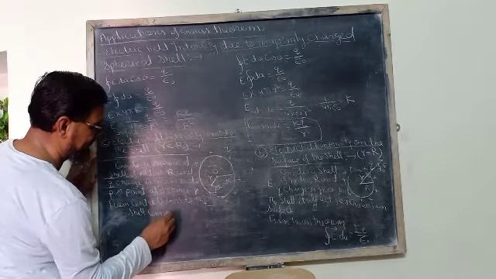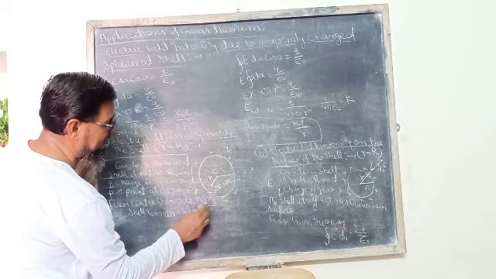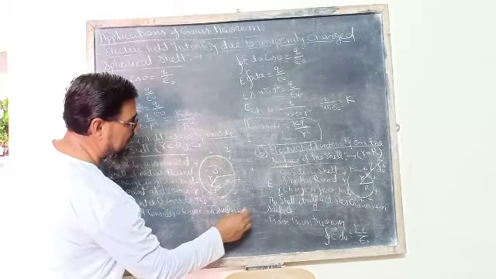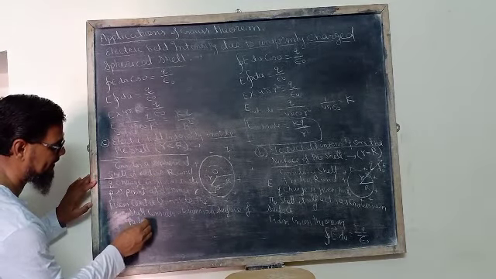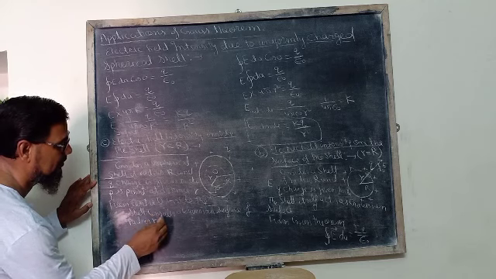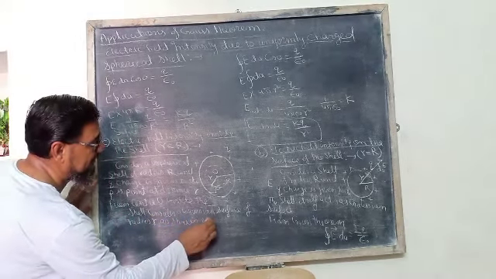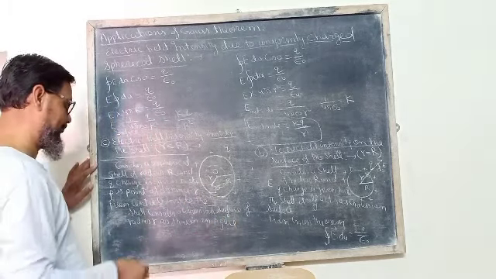Consider a Gaussian surface of radius r, as shown in the figure.